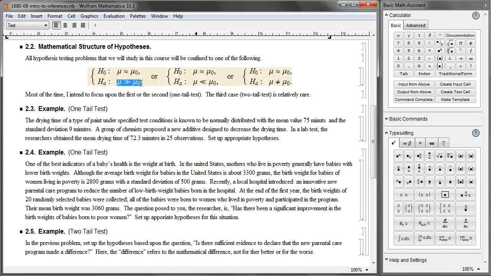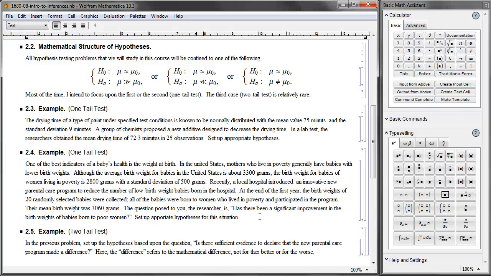But then again, what is mu naught value? Well, there are many competing gram values here. The standard deviation of 500 grams is obviously out. And there are 3,300 grams, 2,800 grams, and 3,060 grams. Which one is it? That's the question.